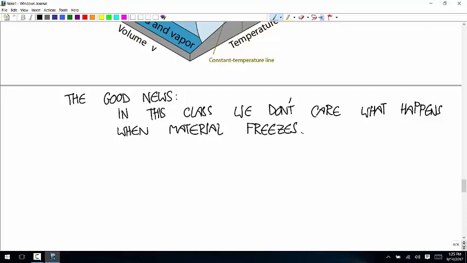The reason for that, I'll go into in a little more detail in a few minutes, but we are going to be totally concerned with liquids and gases, and that's all.